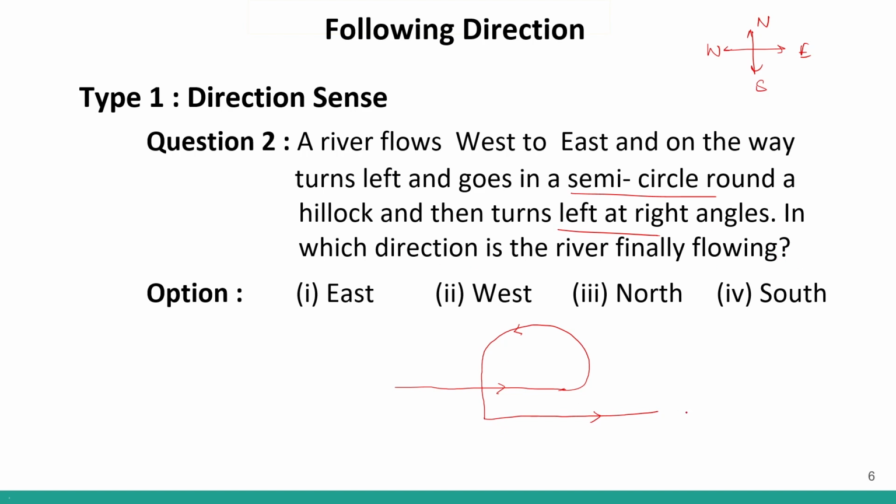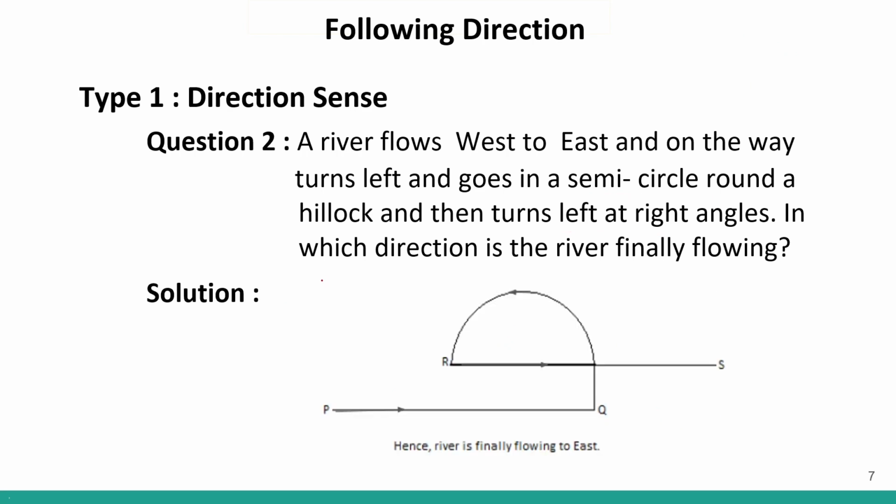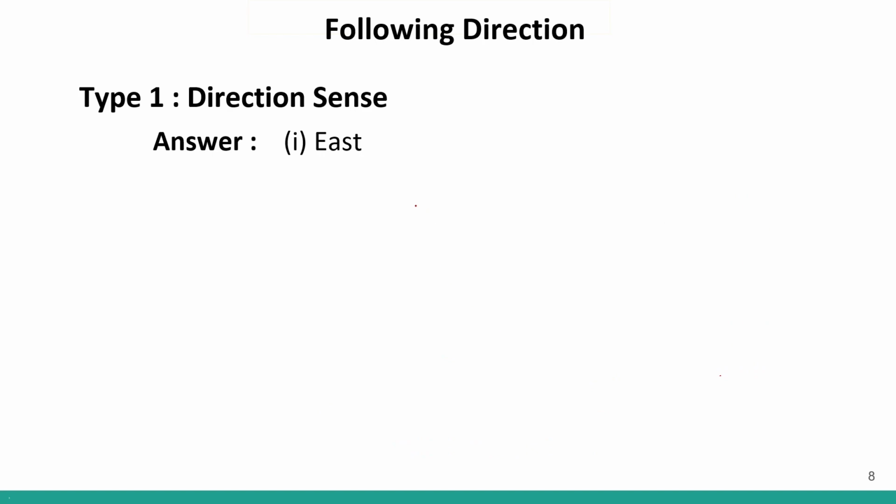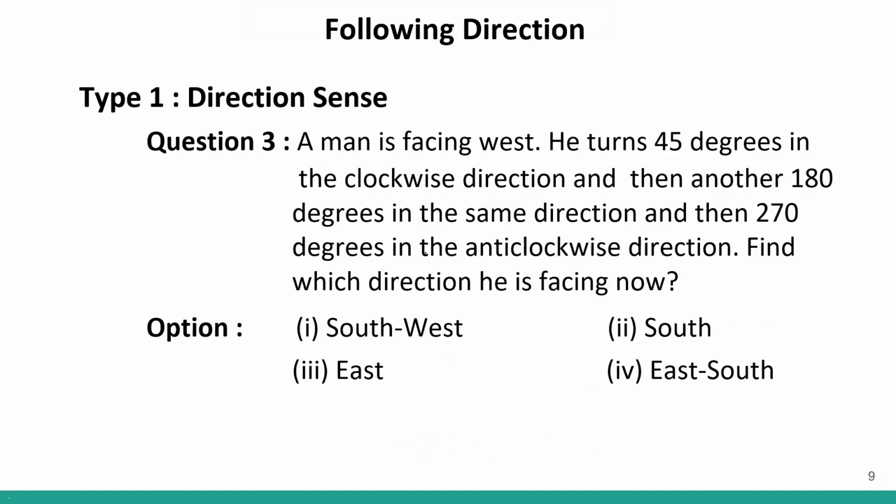So towards this direction, means it is flowing towards east. So answer will be option number 1, east. Okay, clearly you can see it was flowing like this, then it made a semicircle, and at the right angle it started flowing towards the left direction. So again it is going towards the east direction.